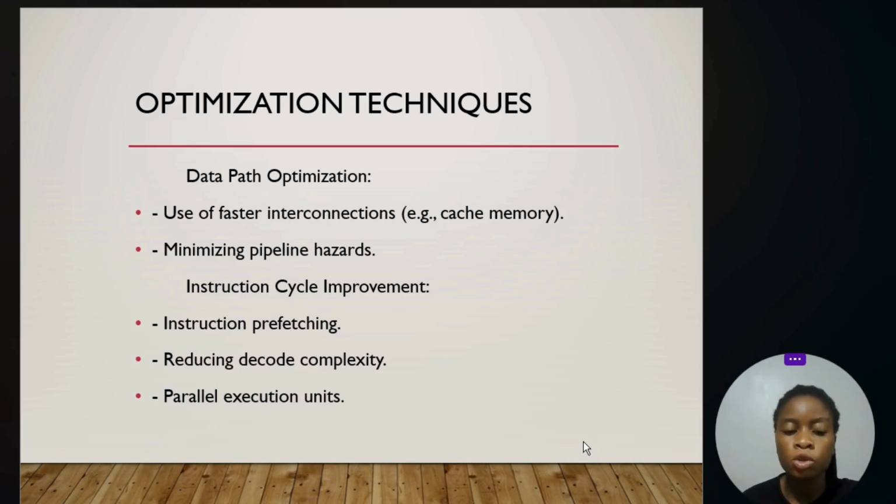Parallel execution units allow the CPU to execute multiple instructions simultaneously by having multiple functional units.